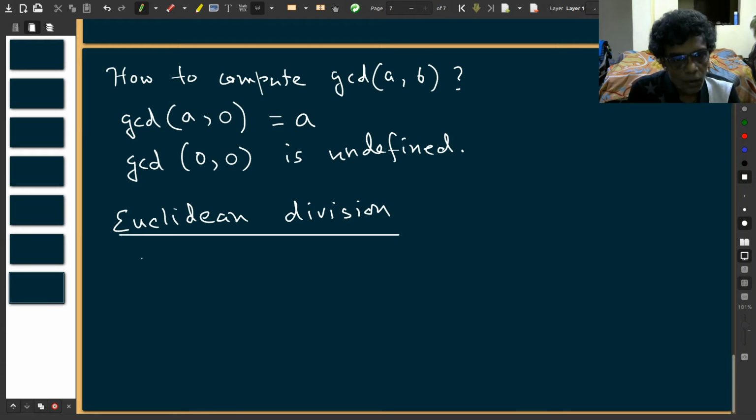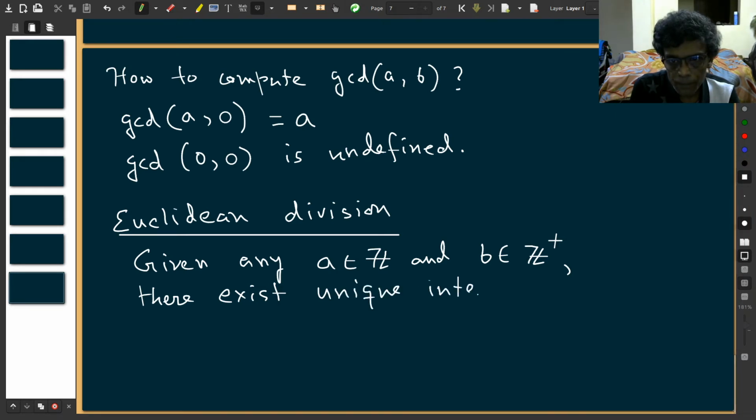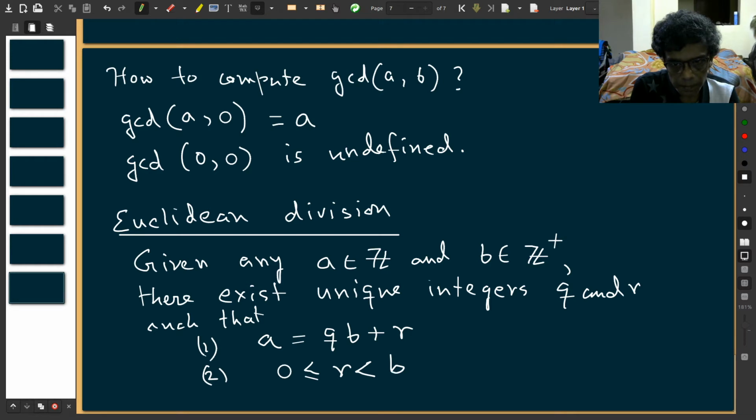Given any, this is again a theorem, a in Z and b in Z plus, there exist unique integers q and r such that the following two conditions hold. 1, a can be written as q times b plus r, and 2, 0 is less than or equal to r less than b.